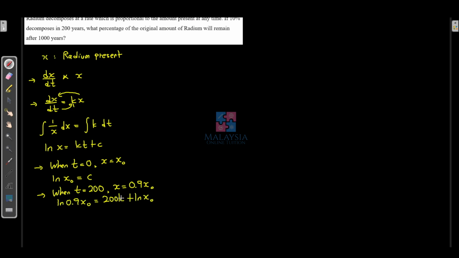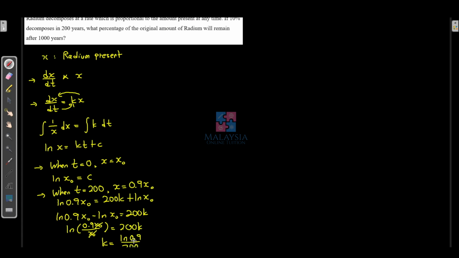Now we can find the value of k. So ln of 0.9 x naught minus ln of x naught equals 200k. Now this is going to be ln of 0.9 x naught over x naught, and then you can cancel that, equals 200k. So what is the value of your k? Ln 0.9 over 200.